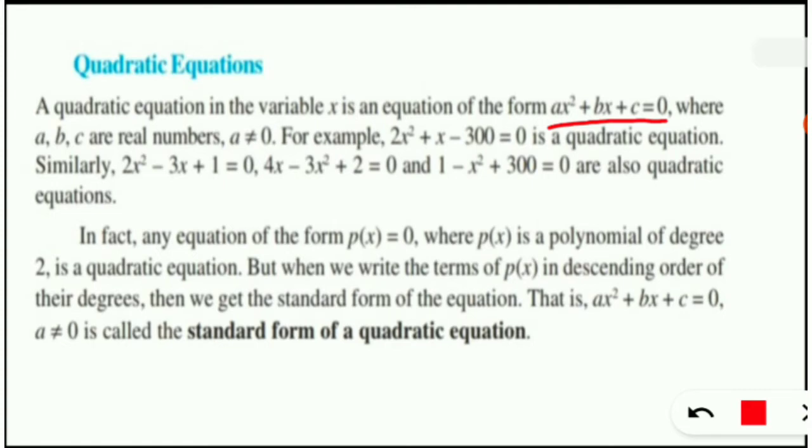For example, 2x square plus x minus 300 equals to 0 is a quadratic equation. Similarly, 2x square minus thrice x plus 1 equals to 0, or 4x minus 3x square plus 2 equals to 0, and 1 minus x square plus 300 equals to 0 are also quadratic equation.